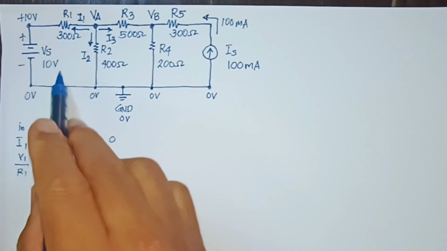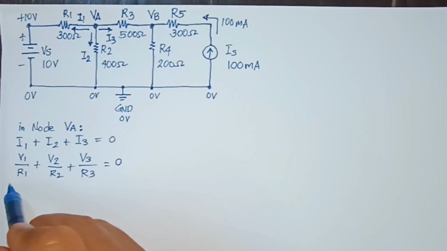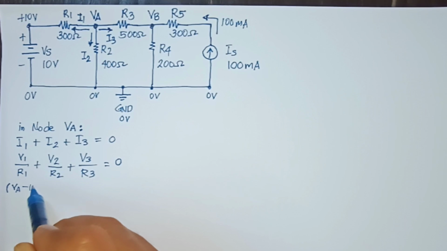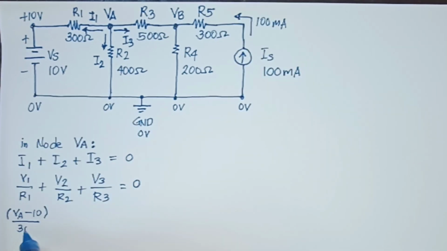VA minus positive 10, or VA minus 10 over the resistor, which is 300.